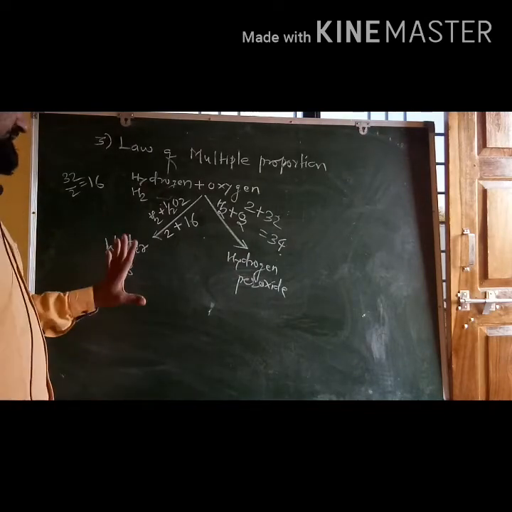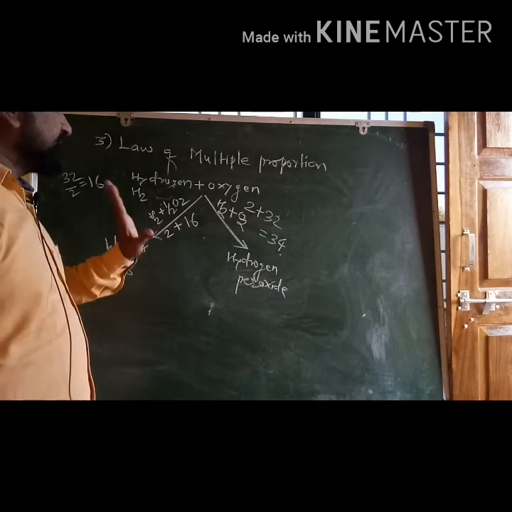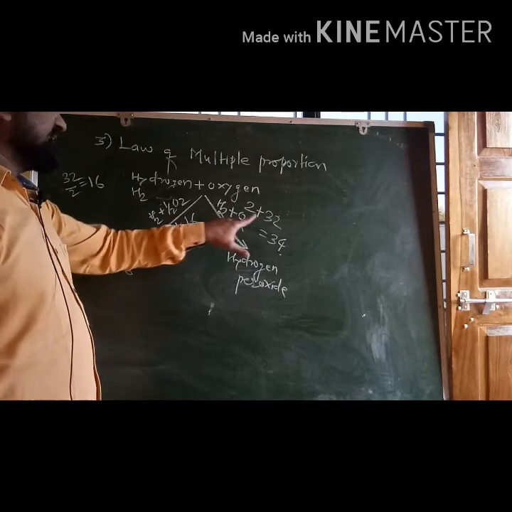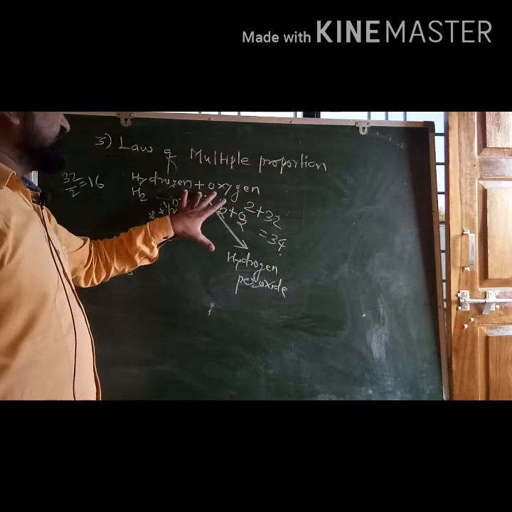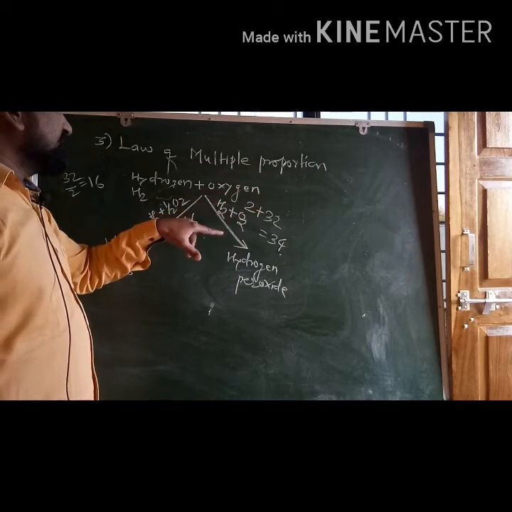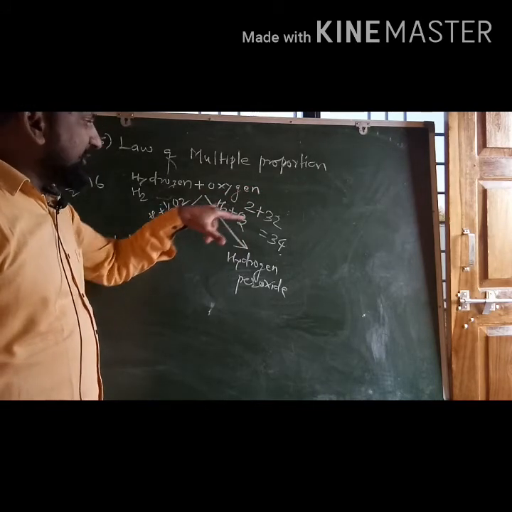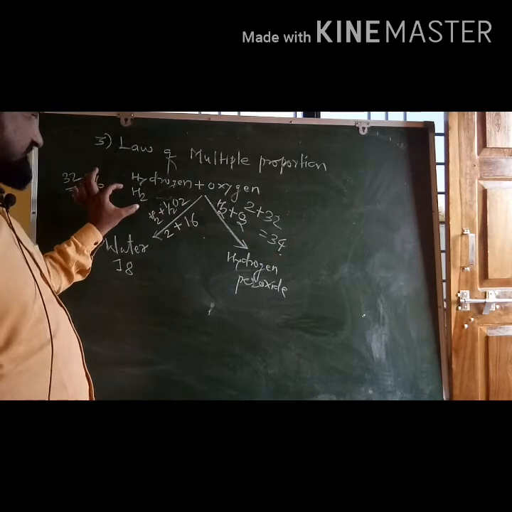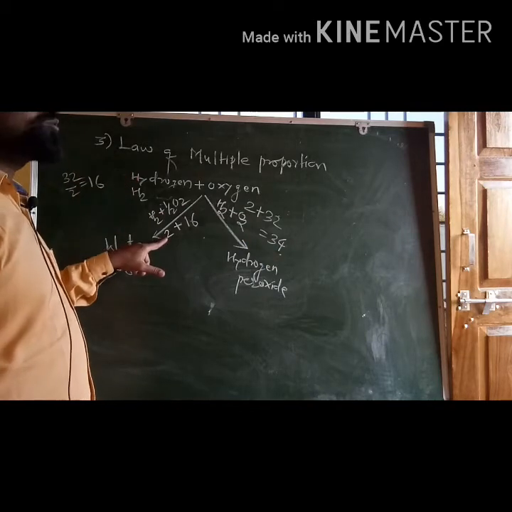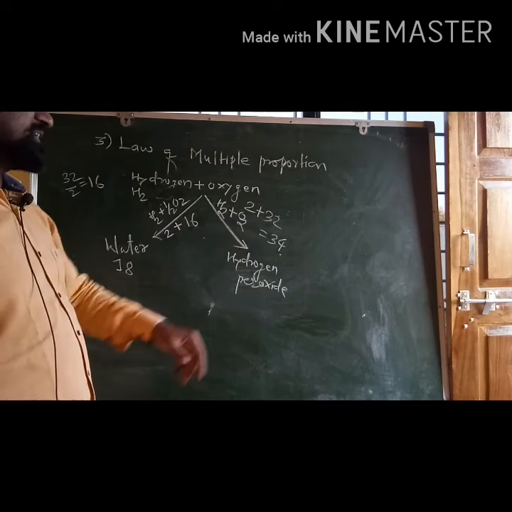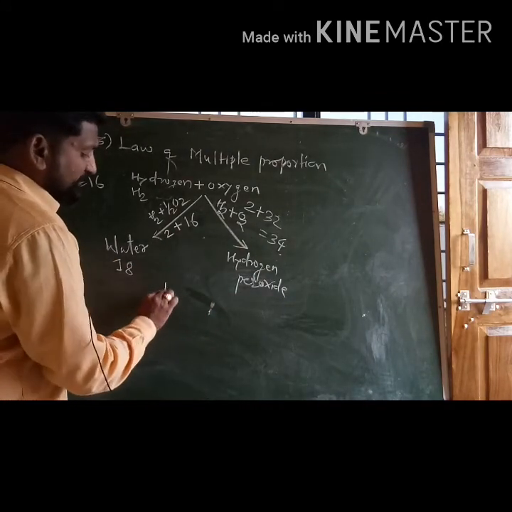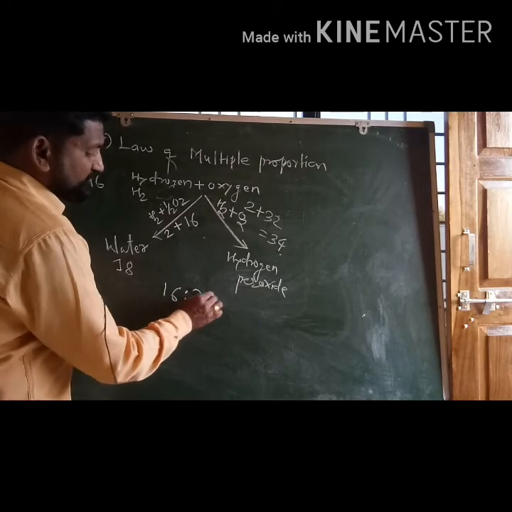So different masses of oxygen, say 16 gram and 32 gram. What I am saying? Different masses of oxygen, 16 gram and 32 gram, combined with a fixed mass of hydrogen, that is 2. So here what happened? It forms a ratio 16:32.